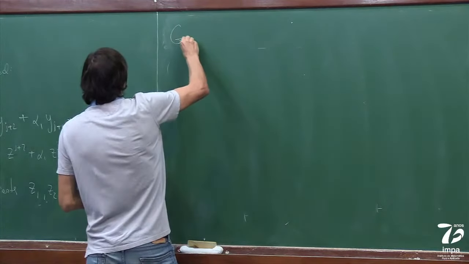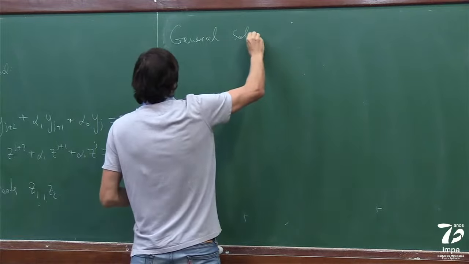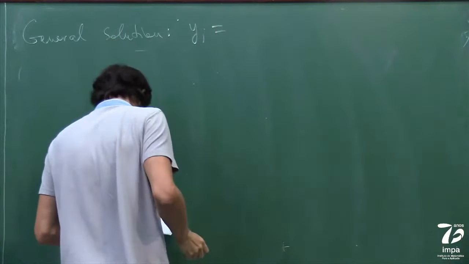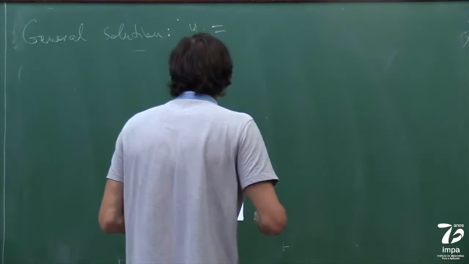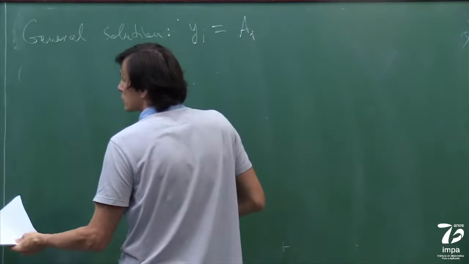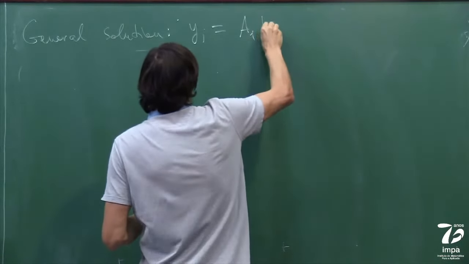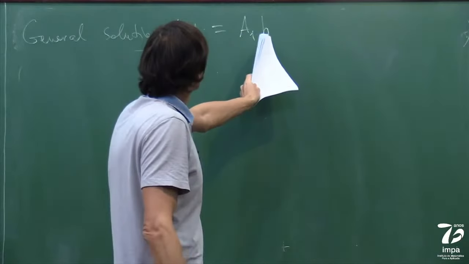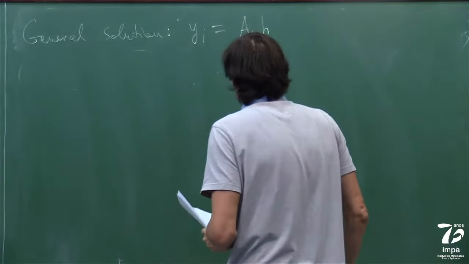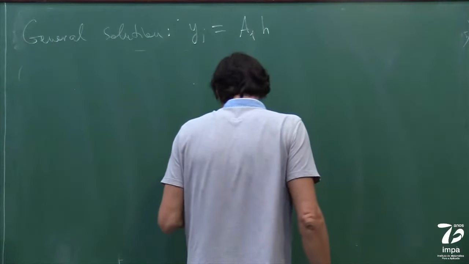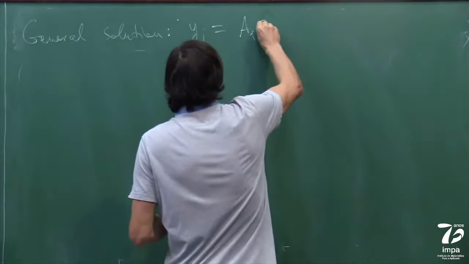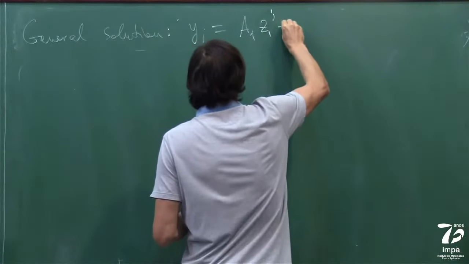The general solution will be y_j equal to an arbitrary constant times one solution, plus an arbitrary constant times another solution. Well, we just put the arbitrary constant in the form a1(h), just to show that it depends on h, not just a1, plus a2(h).